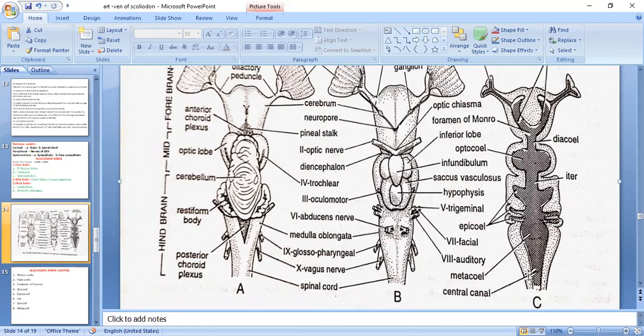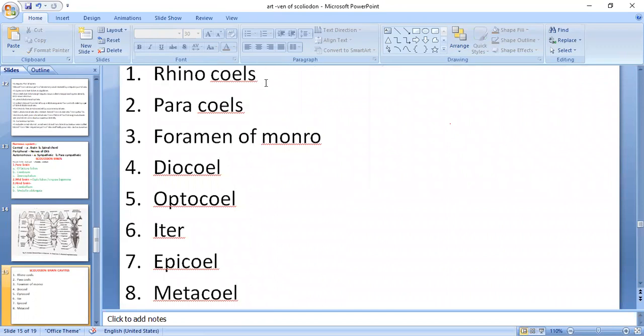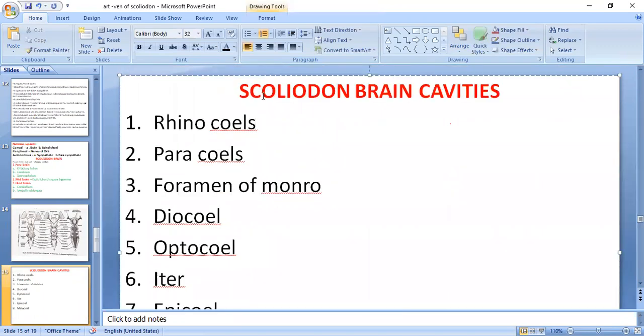Anyway, so these are the ventricles. The rhinocoeles, which are present in the olfactory lobes, and the paracoeles are also called the first and second cavities. These cavities contain the cerebrospinal fluid.